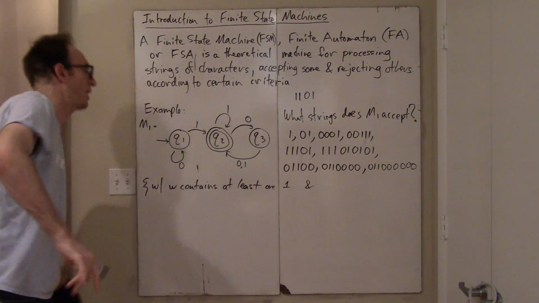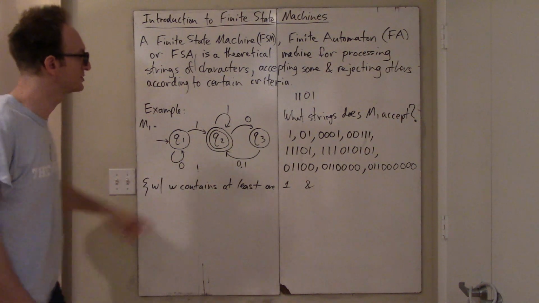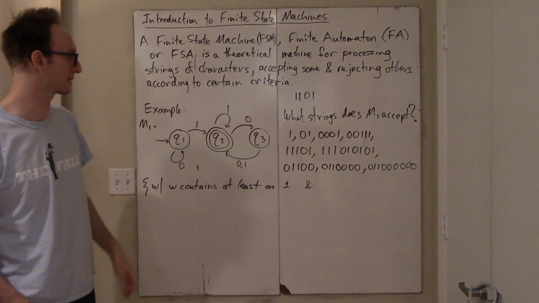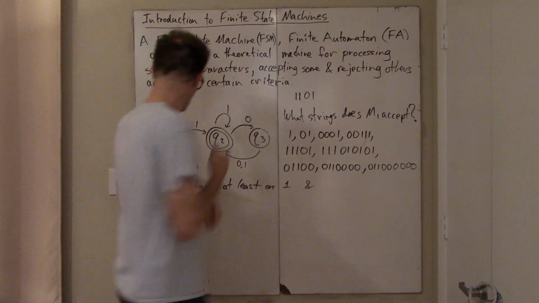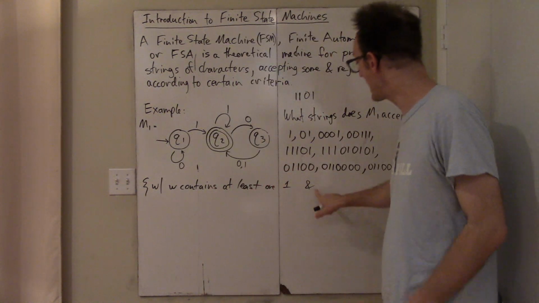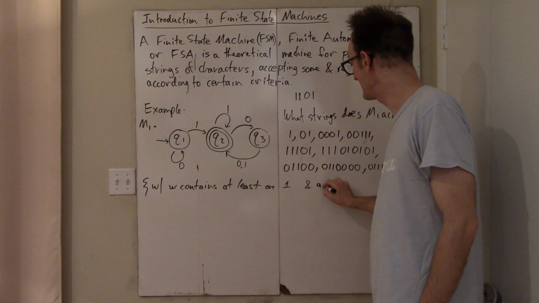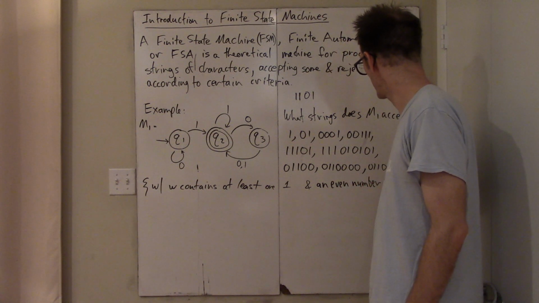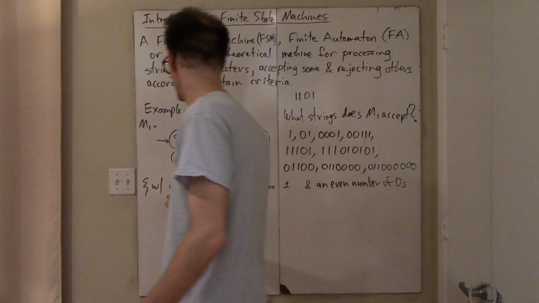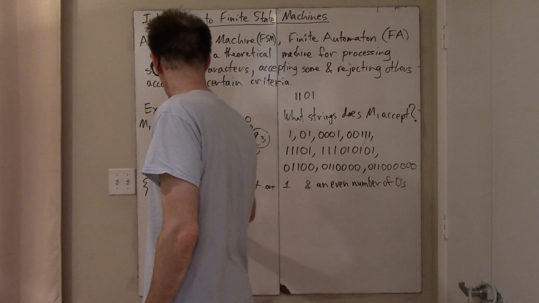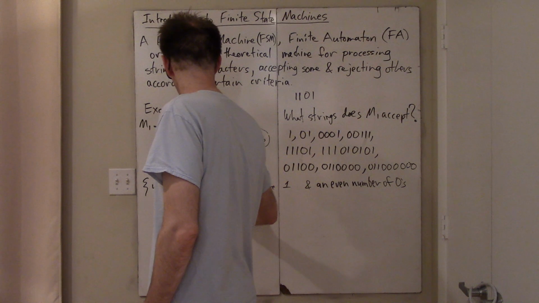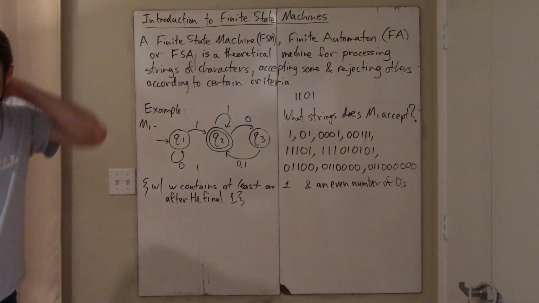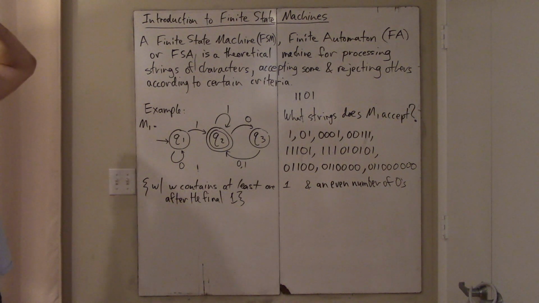Because if you want your string to end in 3 zeros, you somehow need to go 0, but then another 0, and then another, it just doesn't work. So the solution to this problem is that W contains at least a 1, and an even number of zeros after the final 1.